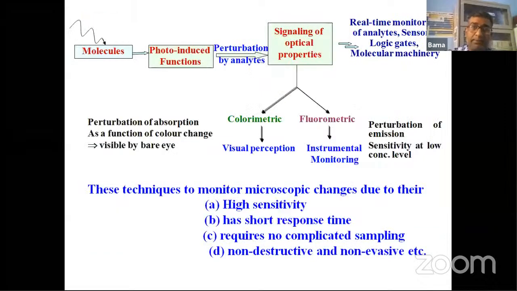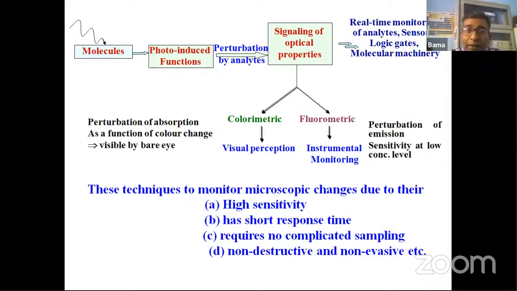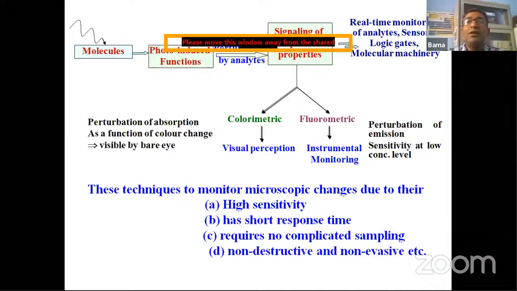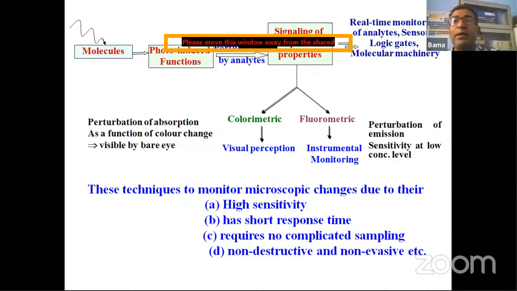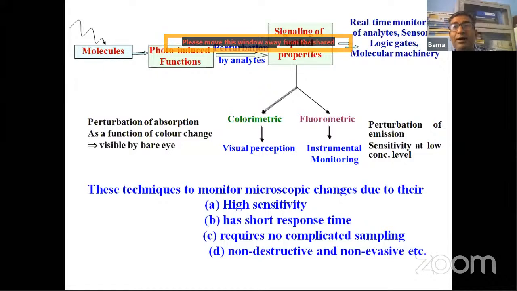So to describe the whole process: when light falls on a molecular system, it has some photoinduced function which is perturbed by an analyte. The analyte can be another chemical substance which changes the signaling of that property. That gives real-time monitoring of analytes, and that can be used in different applications.